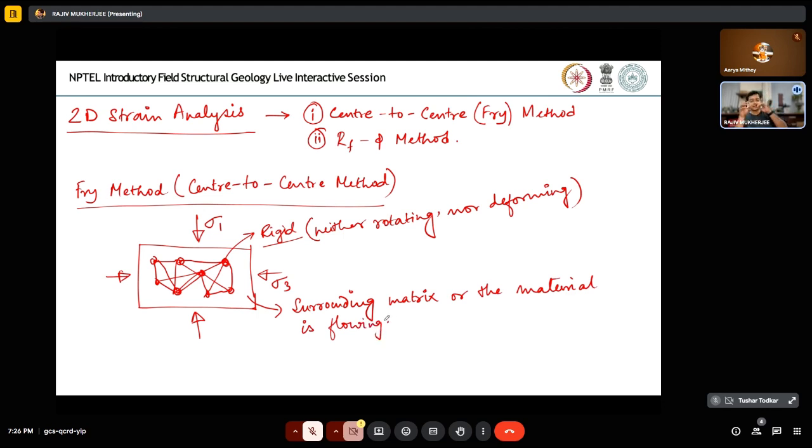So if that is the case, there will be a preferential direction.